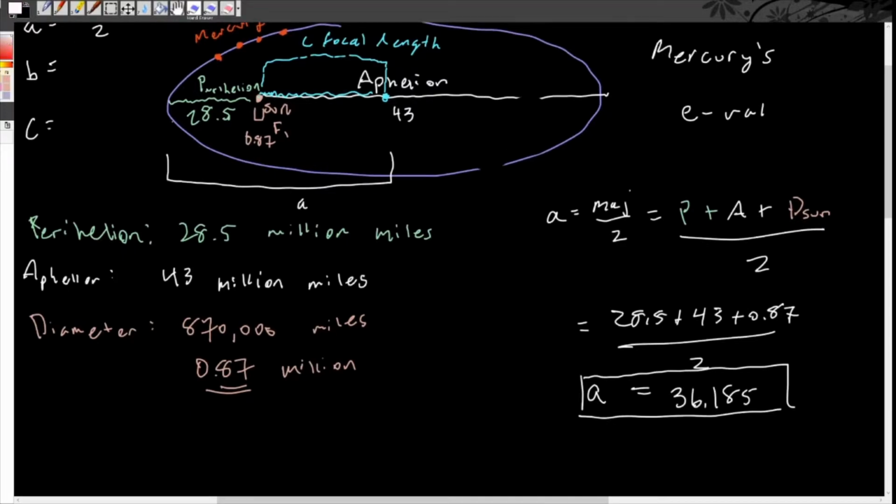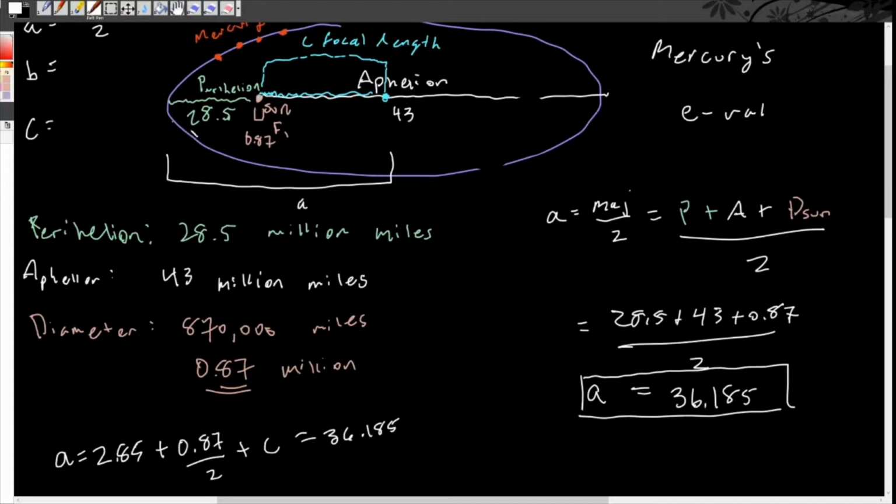So we say that A equals 28.5 plus 0.87 divided by 2 plus C. And that is 36.185 units. Is everybody good with this? All right.